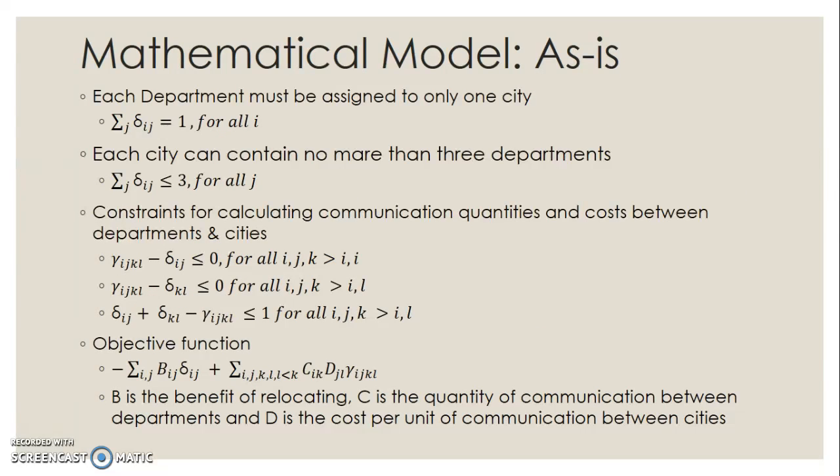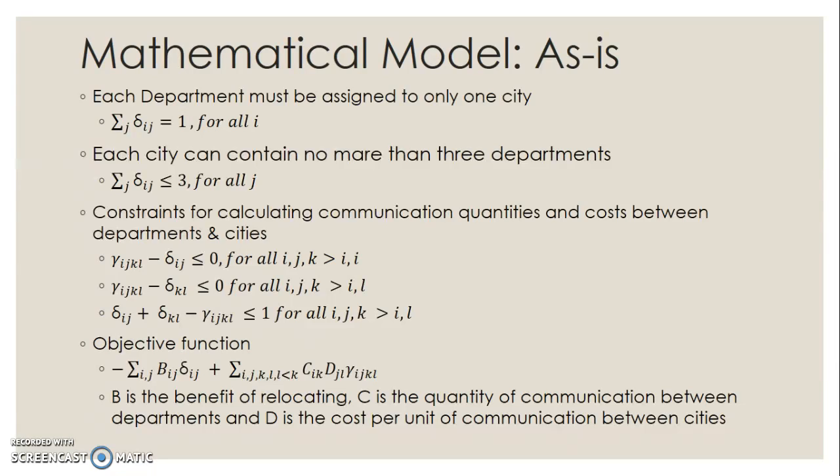This was a difficult part of the problem, trying to make a mathematical model for the original problem, but I was able to do it, and I broke it up into different sections here. The first constraint is that each department has to be assigned to only one city. The second represents how each city can contain no more than 3 departments.